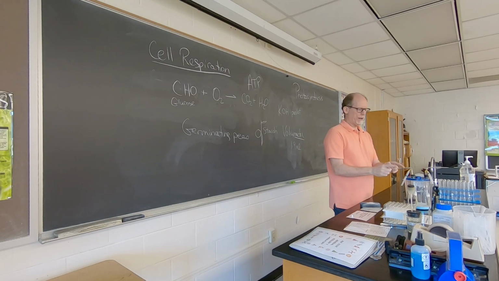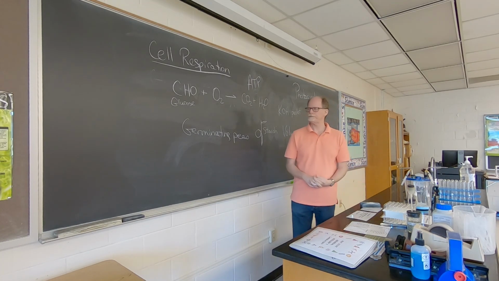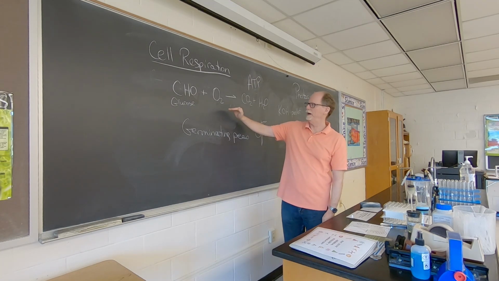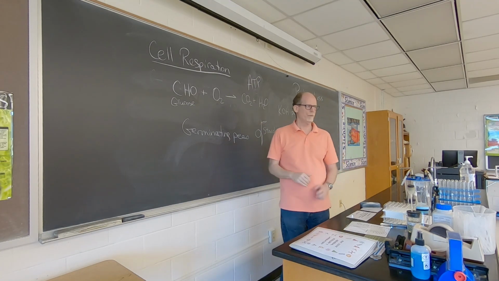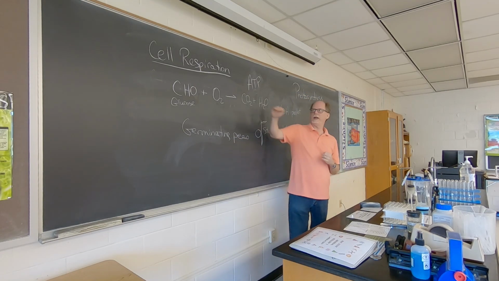When the green dye goes from this point to this point, it's 1 mil. During the lab it'll go down to about here. It'll get so far down that you have to reset it. So the volume meter is a way of measuring oxygen consumption, and we're using germinating peas to represent cellular respiration.